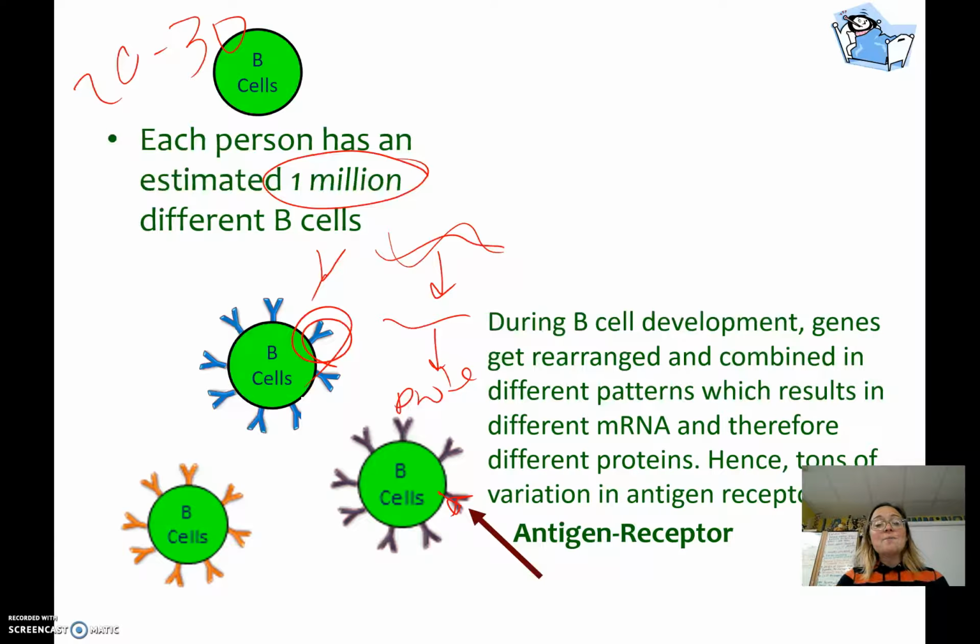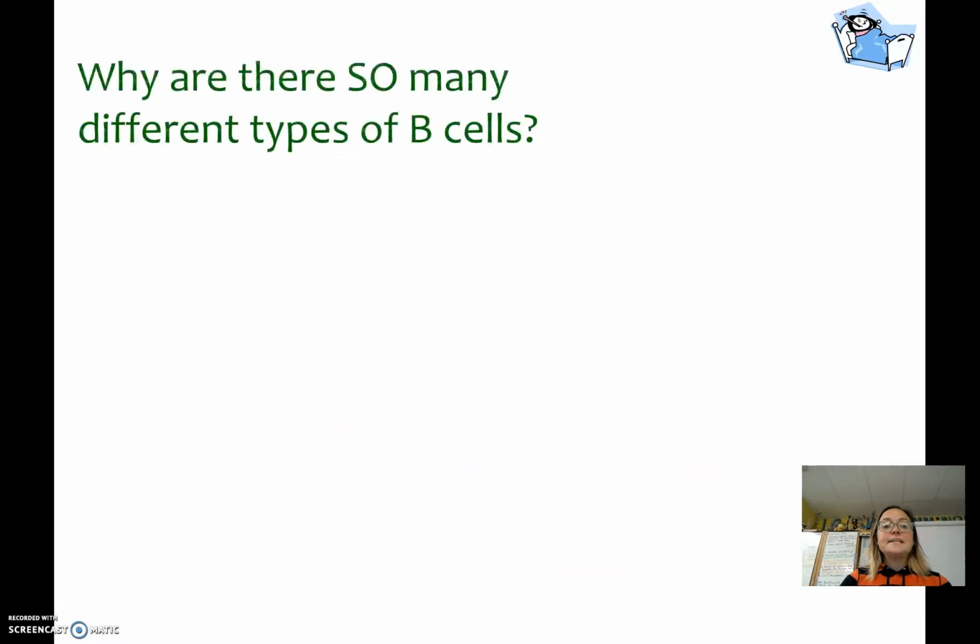So how do you get this wide diversity and variation in antigen receptors? During B cell development, genes are rearranged and combined in different patterns that result in different mRNA and therefore different proteins. That's how we can get a wide variety of antigen receptors. Okay, so that's box 8.